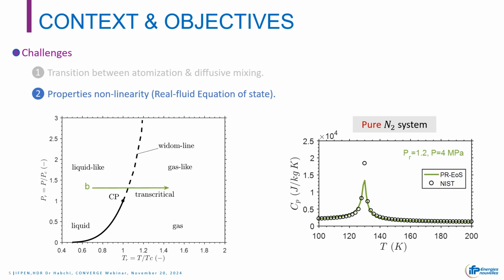This justifies the need to use a real fluid equation of state, as shown in the right-hand side figure showing the specific heat CP as a function of the temperature. In this case, we have a peak and a nonlinearity that is obvious near 130 K.